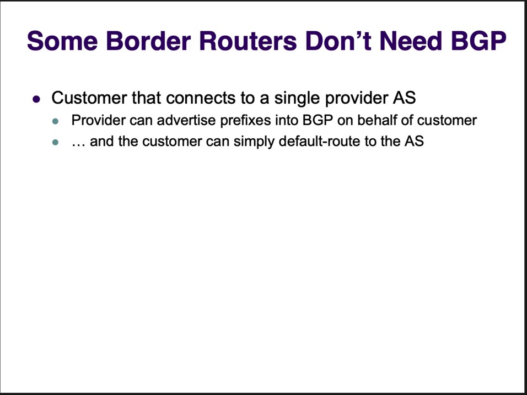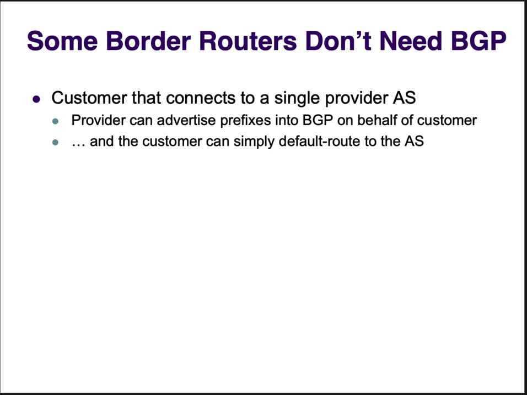Let's say Berkeley has one provider, AT&T, that's the way Berkeley connects to the internet. In that case, you don't really need to run BGP. If you go back to Murphy's lectures on default routes and static routes, we're going to use the same trick here. In that case, the provider is going to advertise the prefix on behalf of its customer.